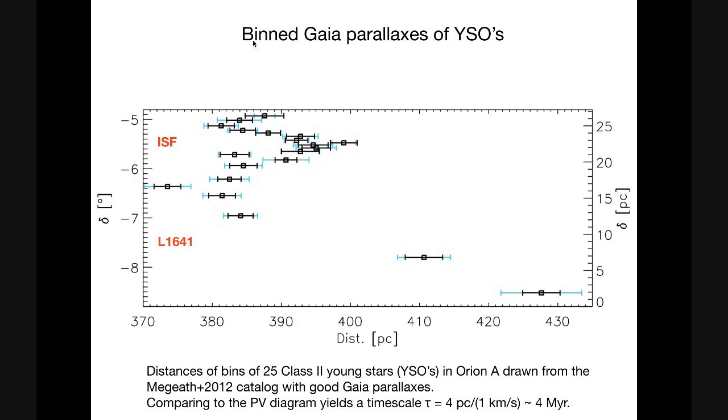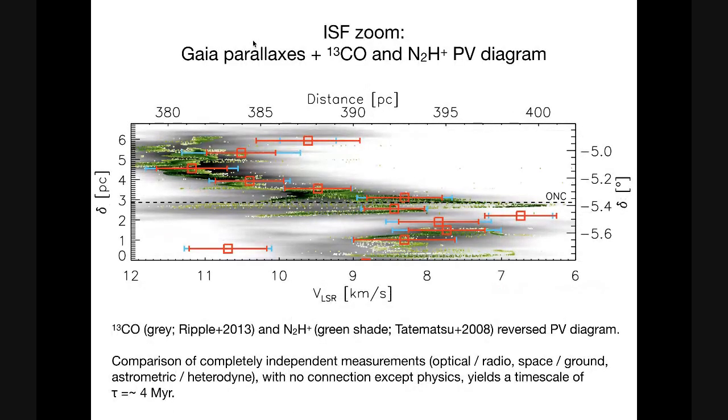We're going to focus on the ISF. What we find is that the gas velocities are correlated with the position in the line of sight of the filament, and it has this wave-like appearance, these wiggles. We have to emphasize here that these are completely independent data sets, obviously. We're talking about Gaia and ground-based gas velocities, so heterodyne versus astrometric, space-based versus ground-based, et cetera.